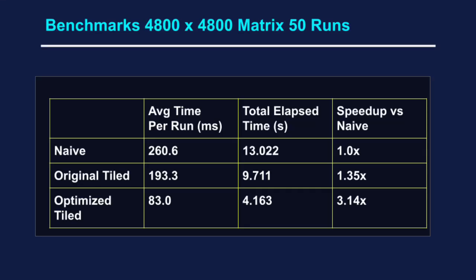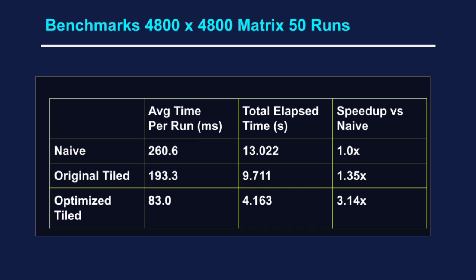Now we did some benchmarking here, on an NVIDIA GeForce card. The naive implementation, we're going to compare against the tiled implementation, and then what I'm going to show you next is the optimized tile implementation, where each thread will compute not one but 4 values, and we'll see how that works and why we use 4.